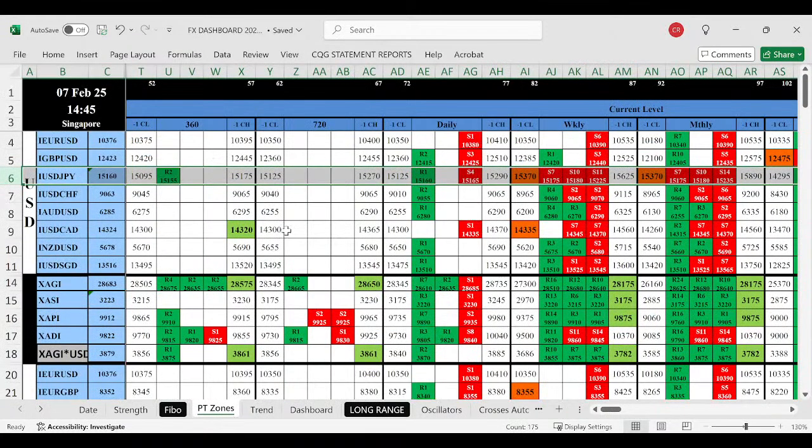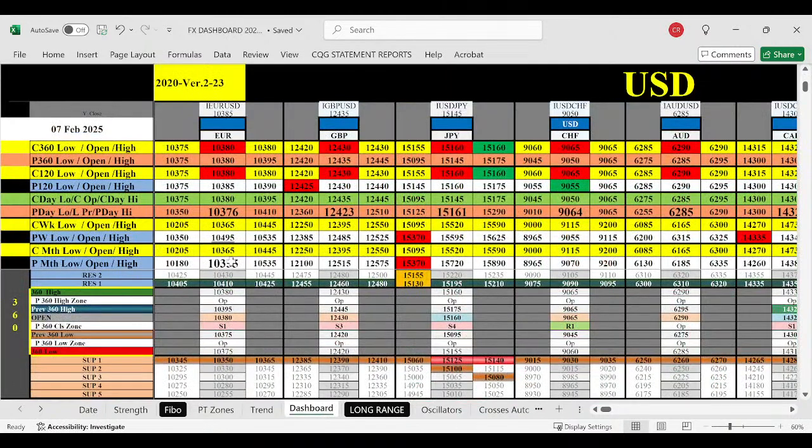So here we can go for a cautious buy or buy and hold near the low, which is 15095, or slightly higher depending on the chart and the price action. So let's move on to the dashboard. The dashboard says right now market is trading at 15160.